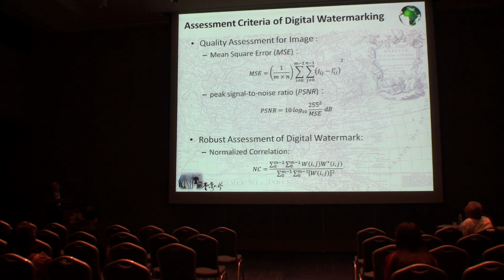We use the mean square error and the peak signal to noise ratio to compare the original image and the image with the watermark. And for the robustness assessment of the digital watermark, we will calculate the normalized correlation coefficient to verify the difference between the digital watermarks.